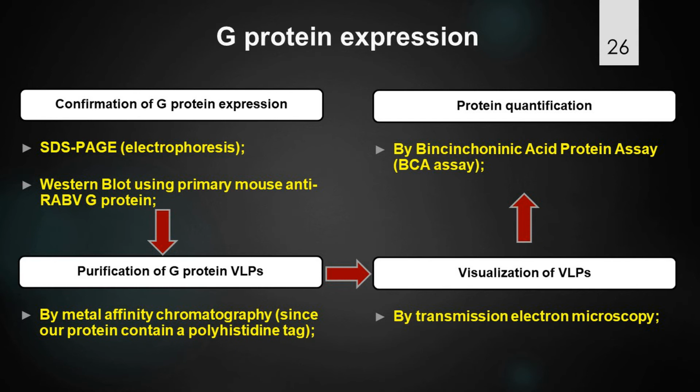In this step, we will be quantifying the protein content of our samples in order to establish specific doses for our future tests. This will be accomplished by the BCA assay, which is a very sensitive method that is largely employed in protein quantification.